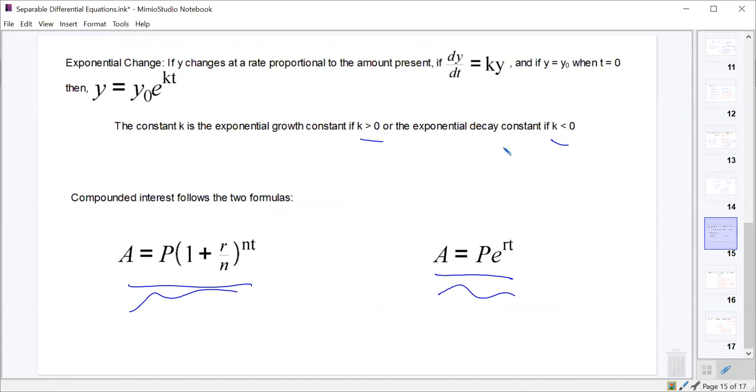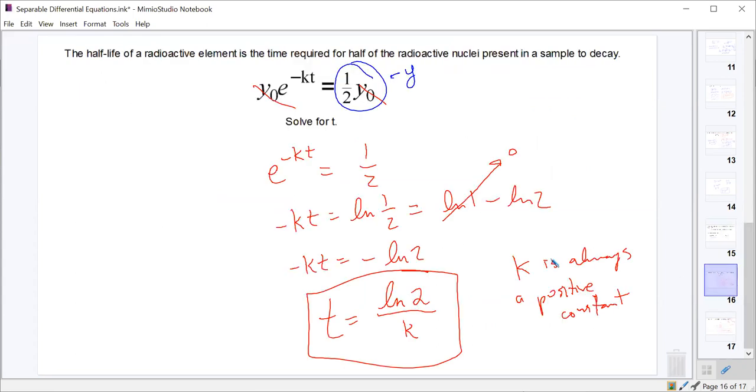So if they throw the negative in front, it's decay, even though the constant k is still a positive constant. K is always a positive constant, but they put the negative in front of it to indicate decay. Good or no? Any other questions?